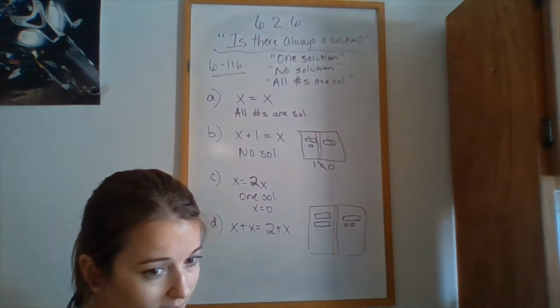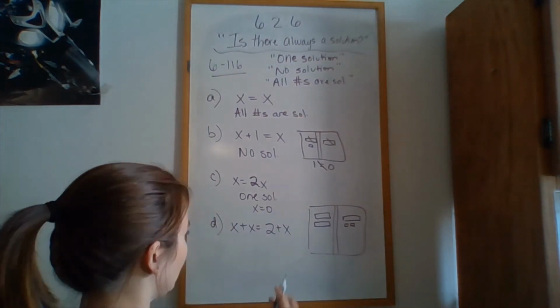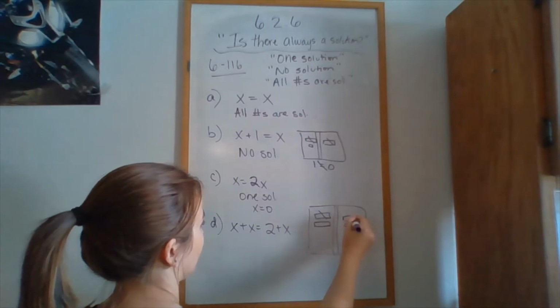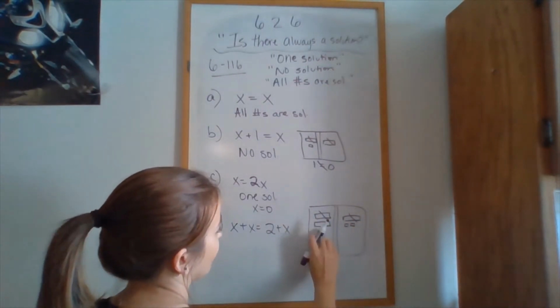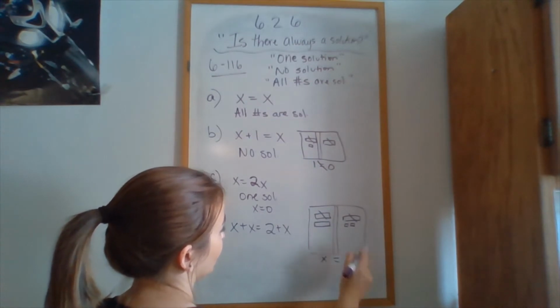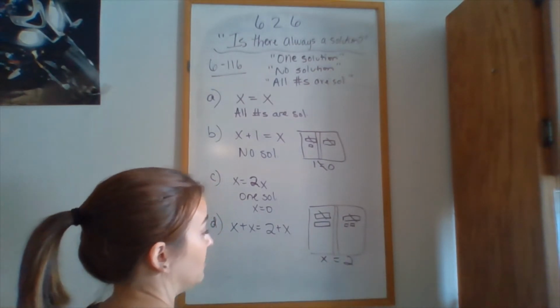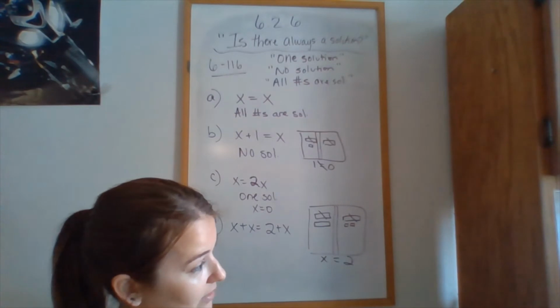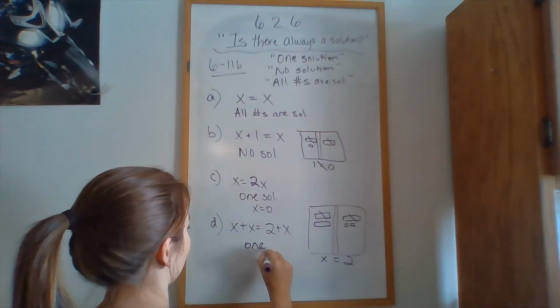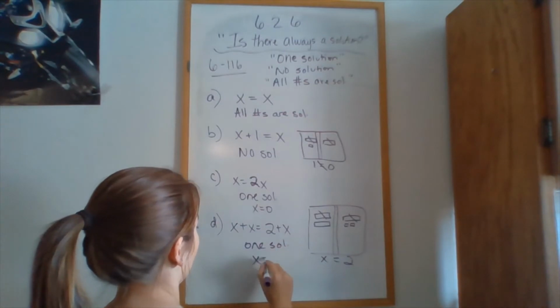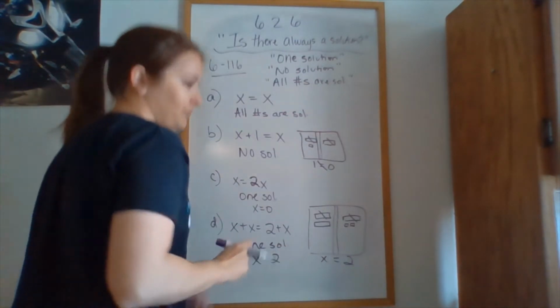So I can get rid of this x and this x. I can't do anything else, so I'm going to see what I have. I'm left with x equals 2. So that was pretty simple. It gave us the answer here. So there's only one solution, and that's x equals 2.